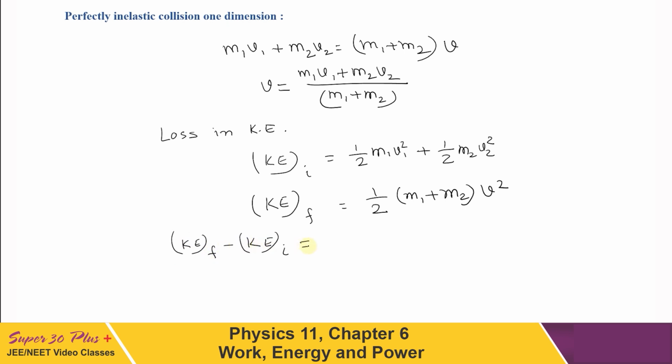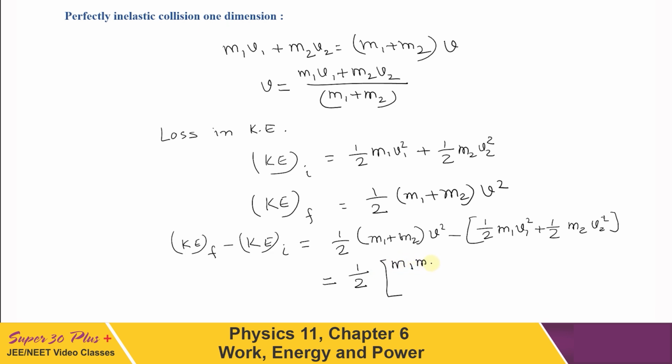That will be equal to half (m1 plus m2) v square minus half m1 v1 square plus half m2 v2 square. If we take half common outside the bracket, that will be m1 m2 taken common, (v1 square plus v2 square minus 2 v1 v2), and this whole divided by (m1 plus m2).